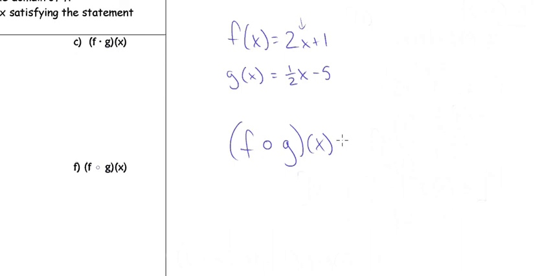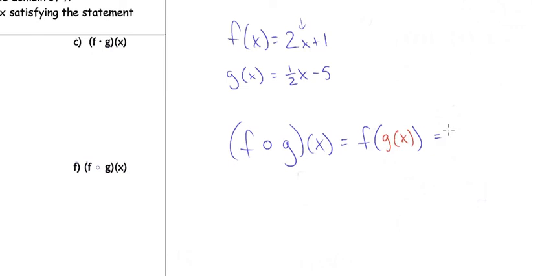Now this means f of x, but the x that we're plugging into it is g of x. And maybe I should go another color here. g of x, and you would work your way through and find out what your output would be.